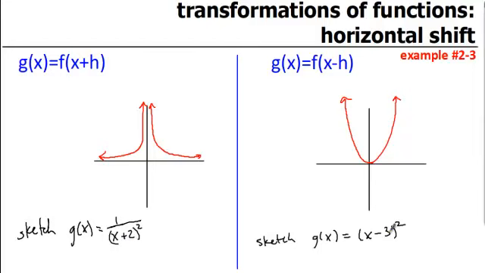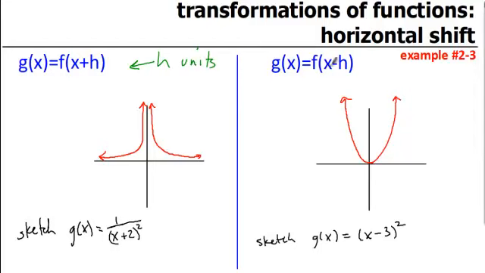And the way that I teach the horizontal shift is I have you ask the question, what value of x would give you a 0 inside your function? So when I look here, what value of x would give me a 0 inside the parentheses here? If x plus h, if I set that equal to 0, negative h. So this one is going to tell you that you're going in the negative h direction. So you're going h units to the left.